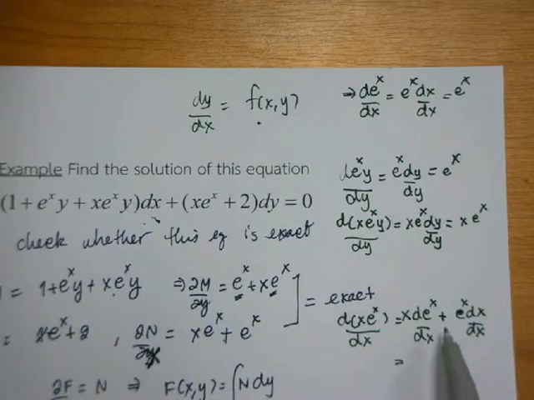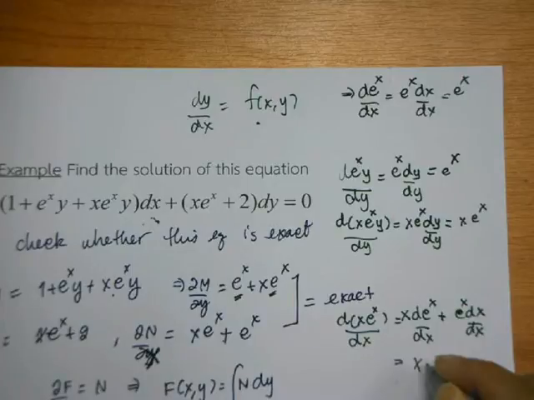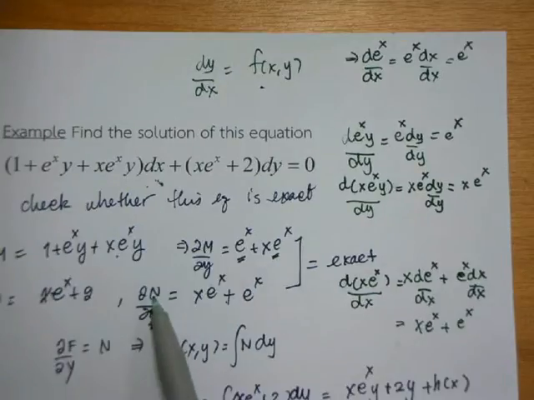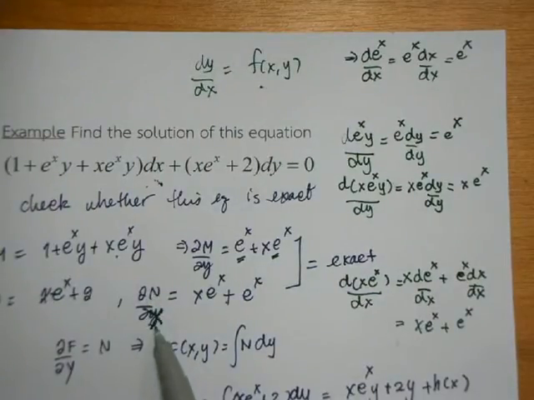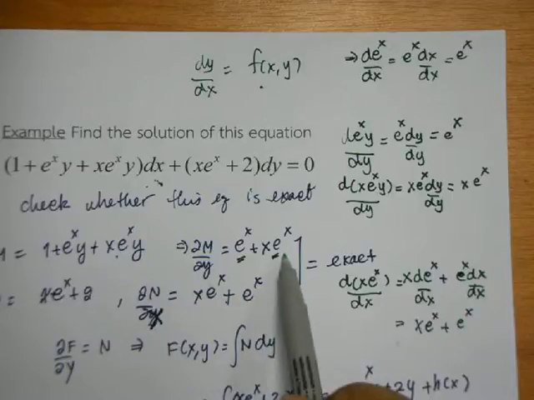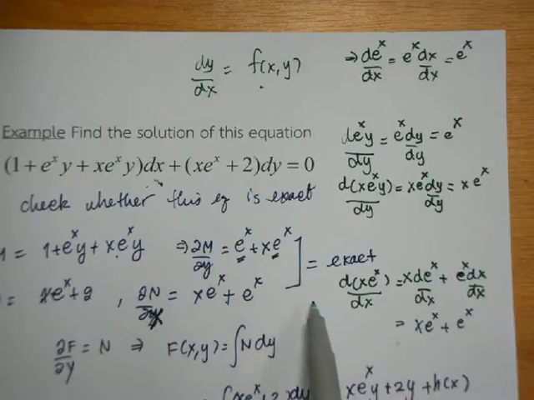And the derivative of e^x is equal to e^x. So that's why when we do the derivative of N with respect to x, it is equal to x times e^x plus e^x. And then if you look at this, both of them are equal, so that's why this is an exact equation.